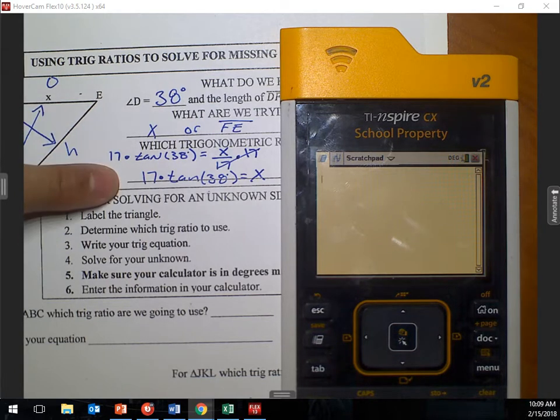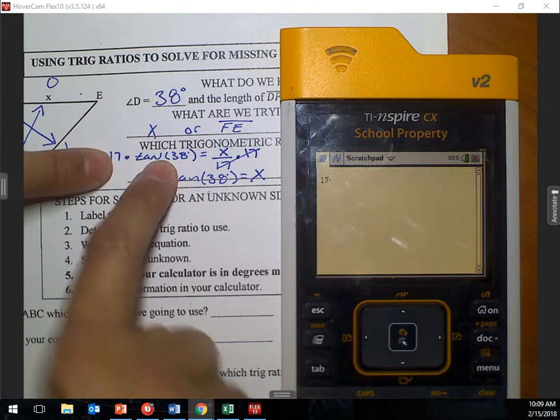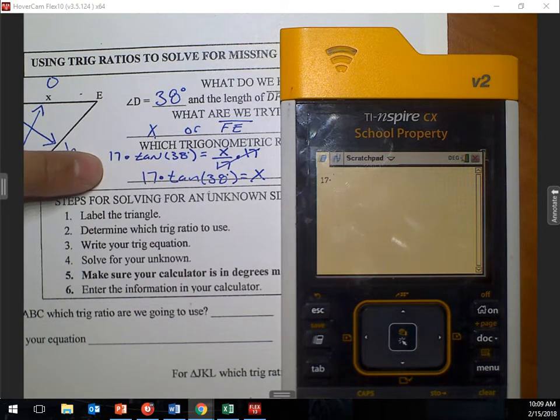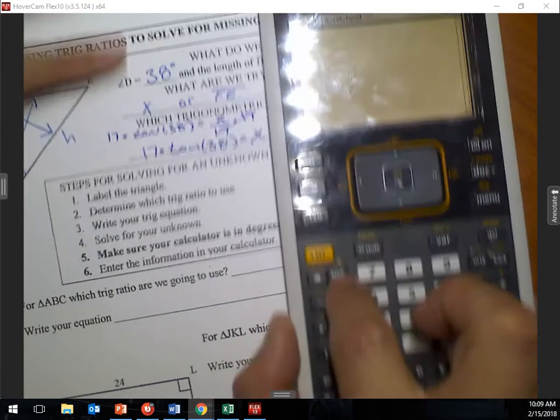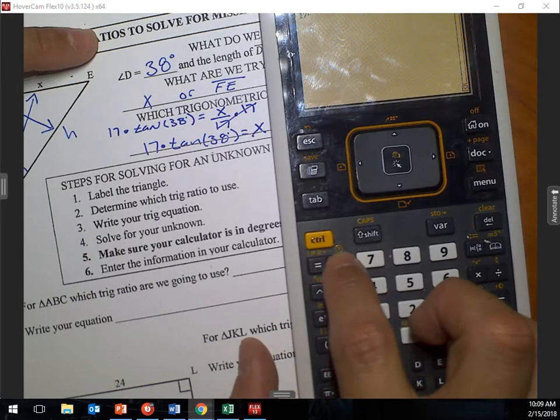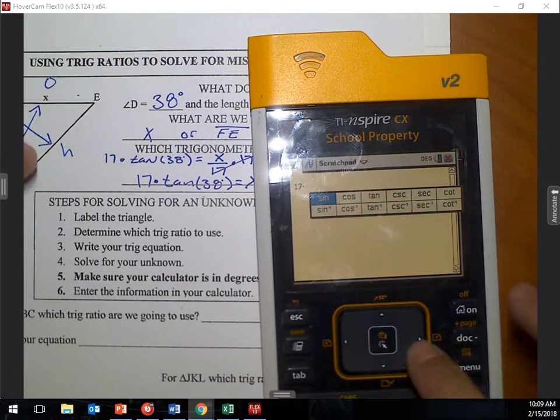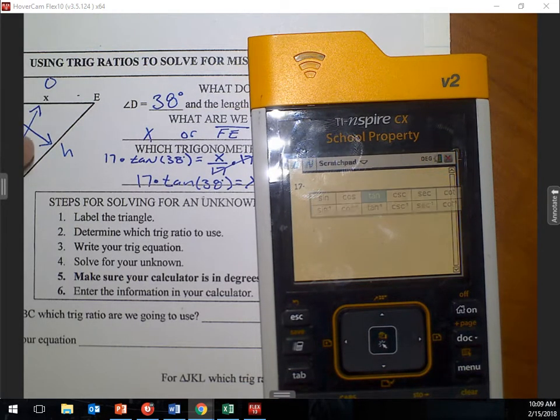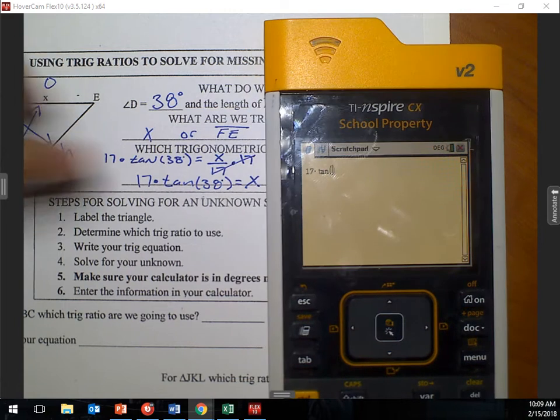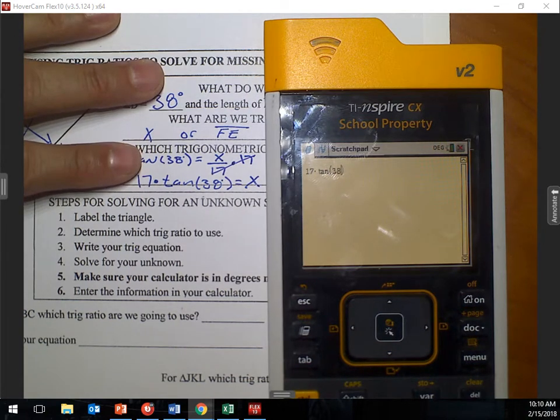Then I'm going to put 17 times my tangent. The tangent button is right here. You hit trig. There's a trig button right there, and it opens up a little menu. And I want tangent. Put my 38 degrees, 38.